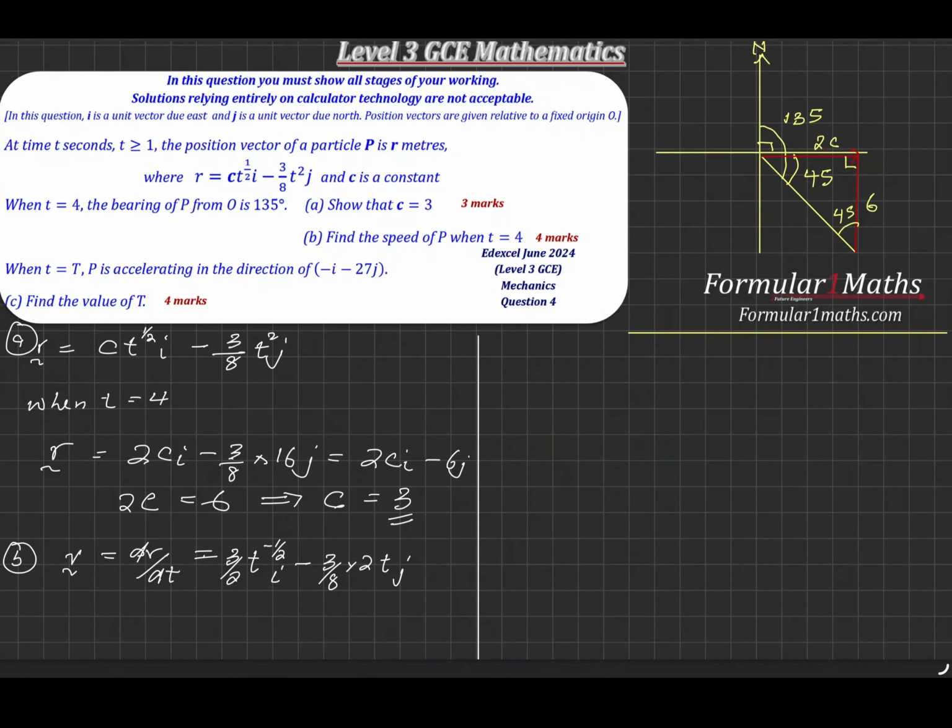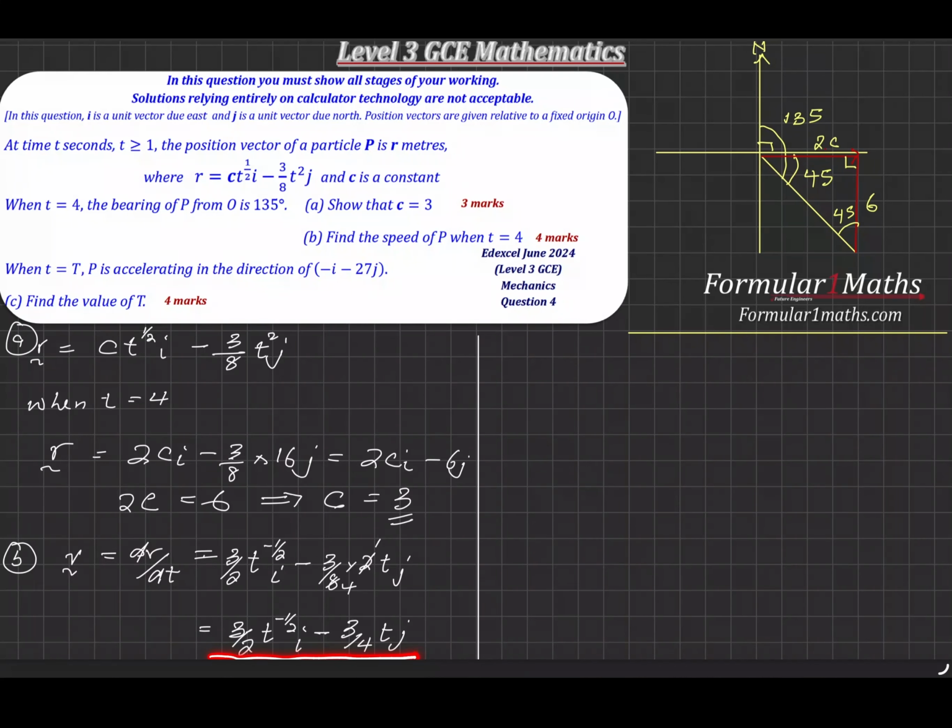Simplifying that, I'll get 3 over 2 t to the power minus a half i minus 3 over 4 t j, because the 2s cancel here, and 1 and 2 cancel there, giving 4. So this is the velocity vector.